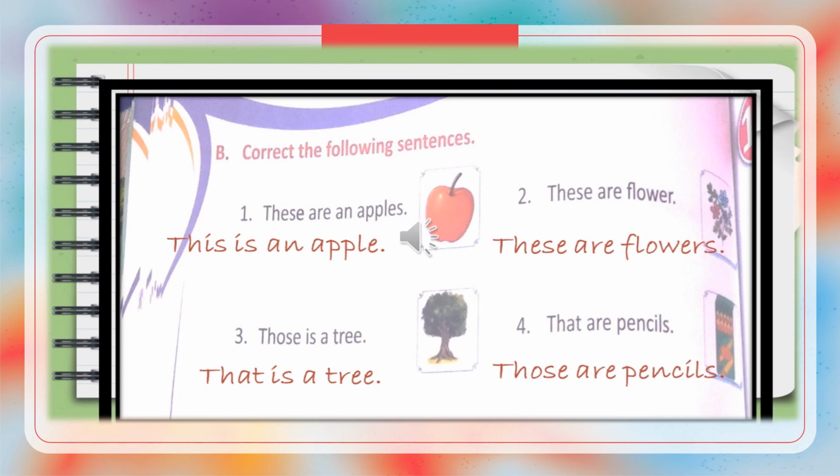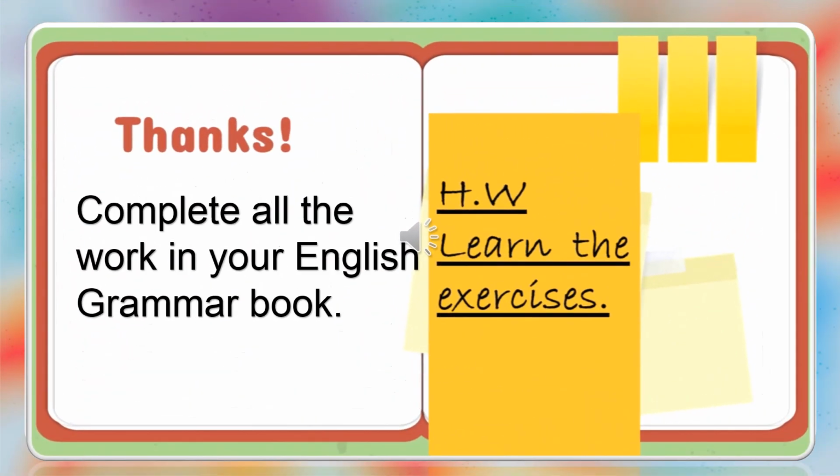So in the same way, you have to write it correctly. Now this is time for homework, as we have already completed the chapter as well as the exercises also. So we will complete all the work in our English grammar book, and exercise B we will complete in our English grammar copy.